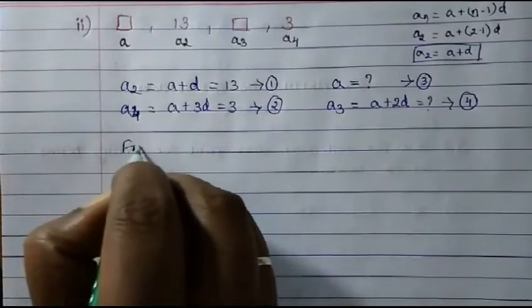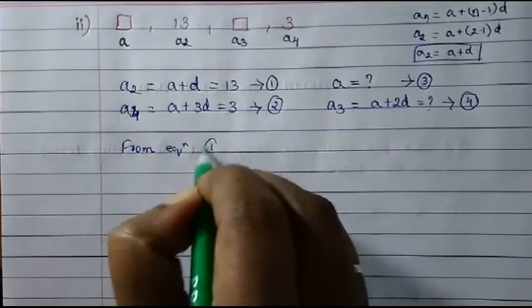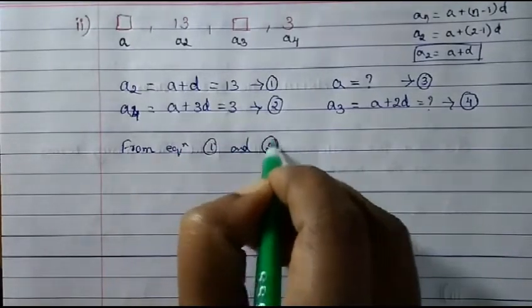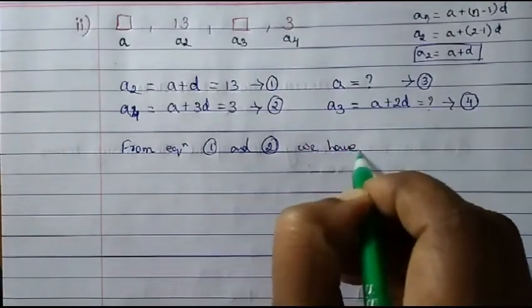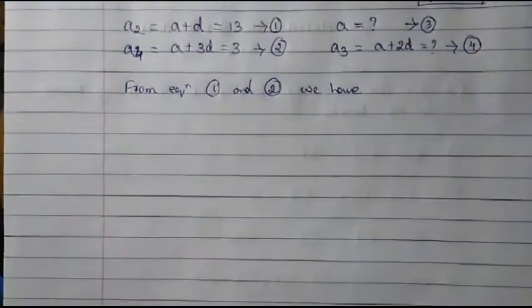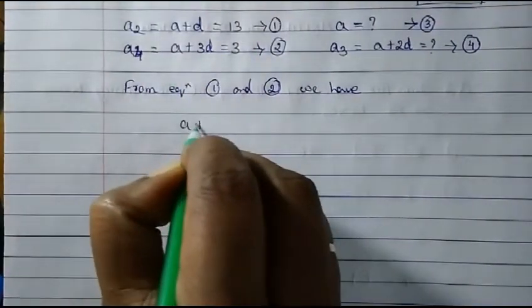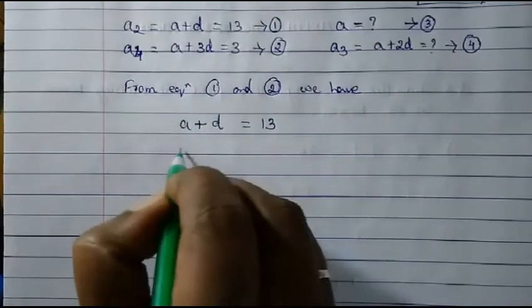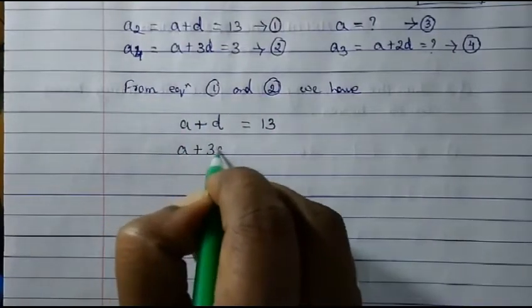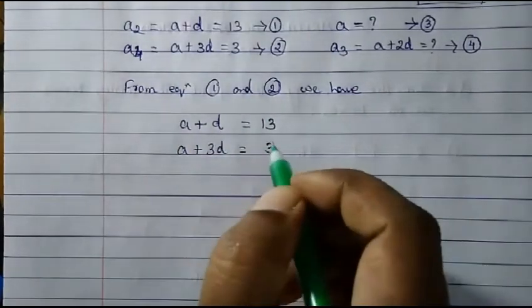So from equation 1 and 2 we have, let's write down equations 1 and 2: A plus D equals 13, and A plus 3D equals 3.